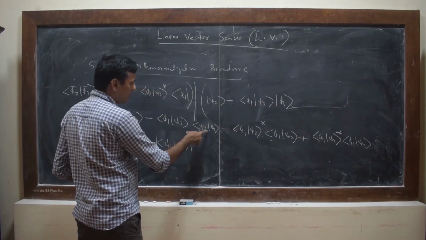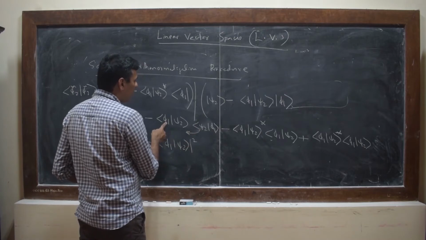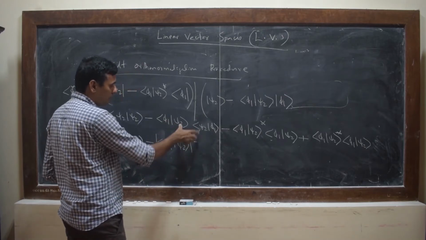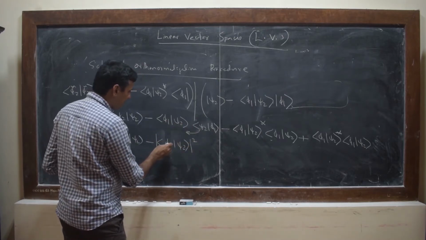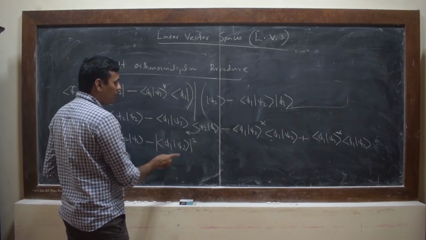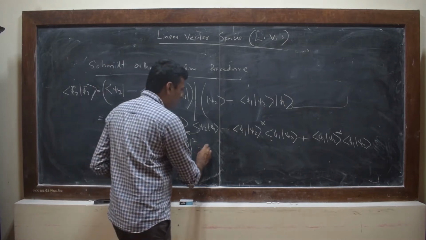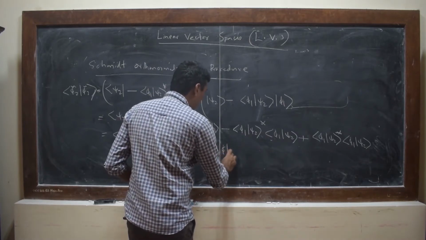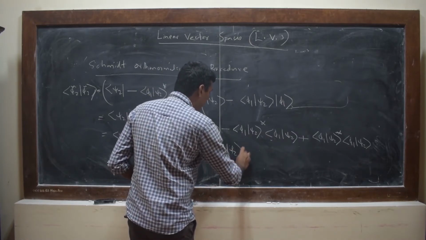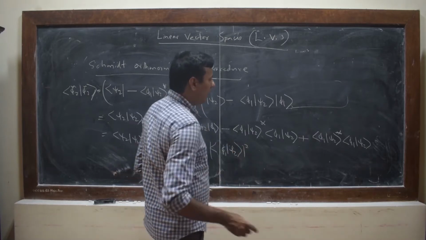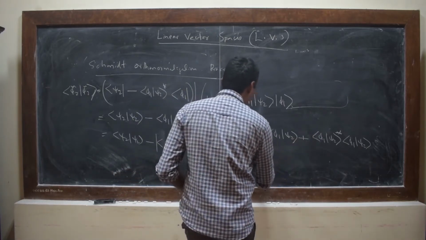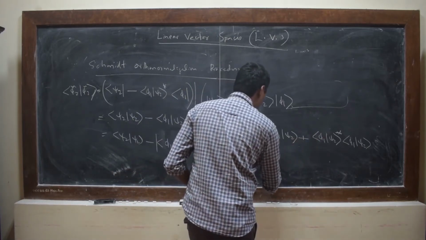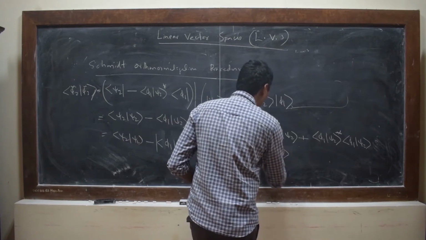Okay, this one, ⟨psi 2|phi 1⟩ is ⟨phi 1|psi 2⟩*. Okay, so together you can write it as |⟨phi 1|psi 2⟩|² minus, again this is the same thing, |⟨phi 1|psi 2⟩|², and then this is plus |⟨phi 1|psi 2⟩|².